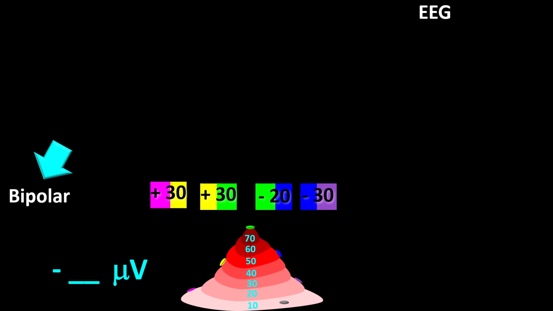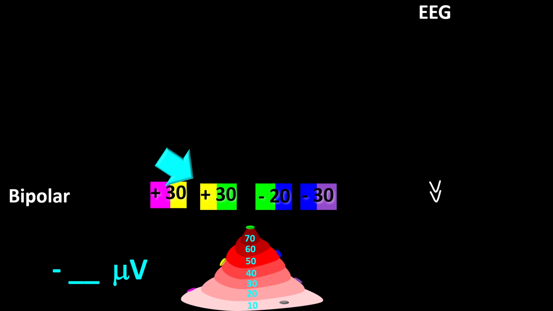If we use a bipolar montage, here expressed by the color rectangle matching the colors of the electrodes, the magenta electrode is 30 microvolts more positive than the yellow electrode. Hence, a downgoing wave will be generated by the recording EEG.